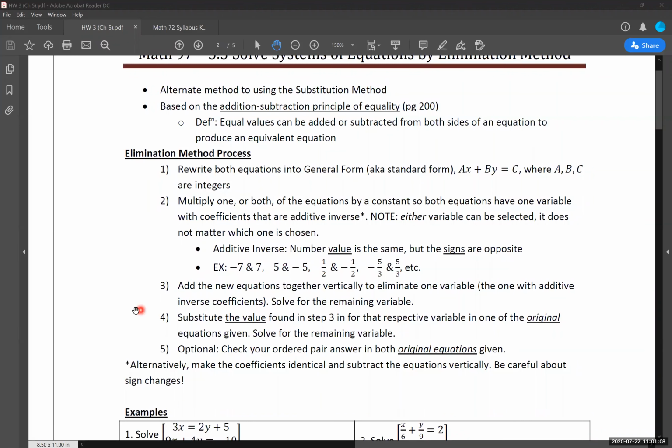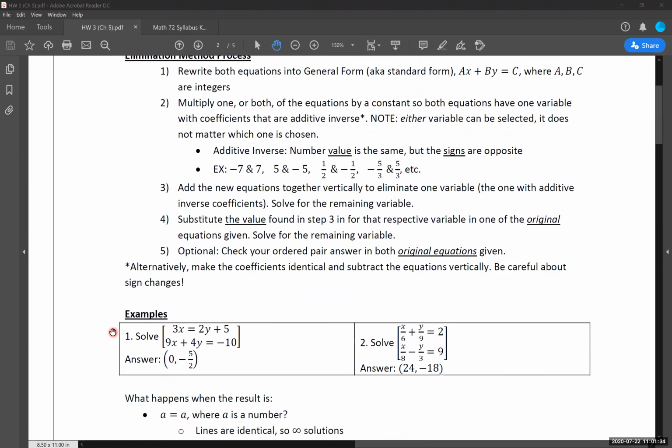And then we're going to substitute the value that we found in step 3 in for that respective variable in one of the original equations that's been given to us. And then we solve for that remaining variable and we find our answer. From there, check that ordered pair in both original equations, just like we did with our substitution method. And then we're good to go from there.